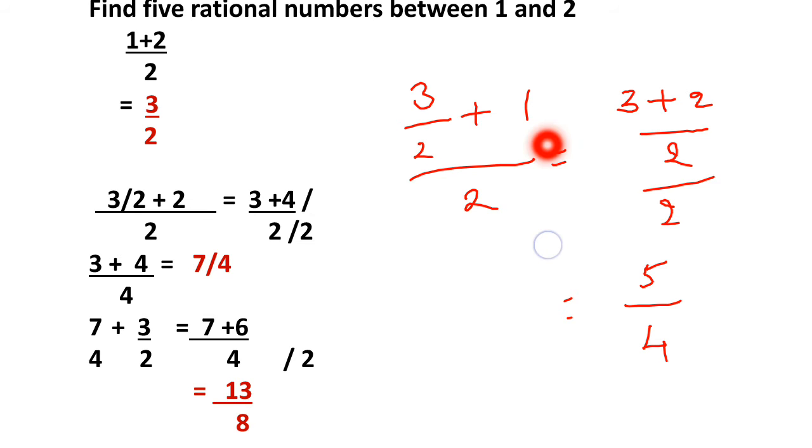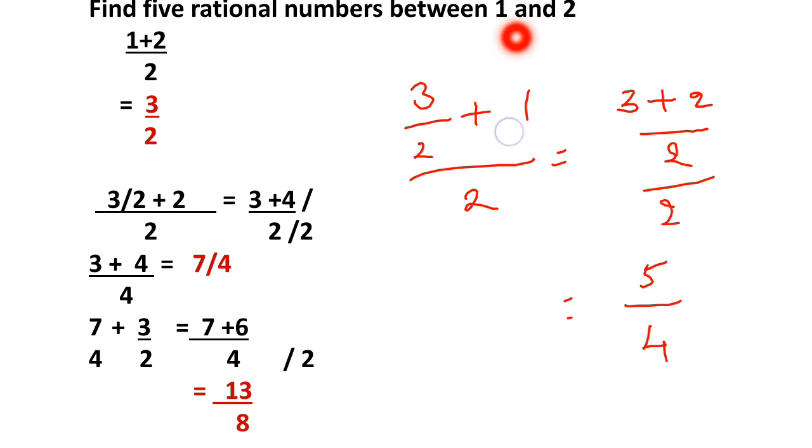Okay, we will see a few sums on how to do this. When they have given, find 5 rational numbers between 1 and 2, how to solve this? This is a very simple way we can solve. There are two methods. Both the methods I am going to show you. Whichever is easy for you, you can do. This is the first solution.